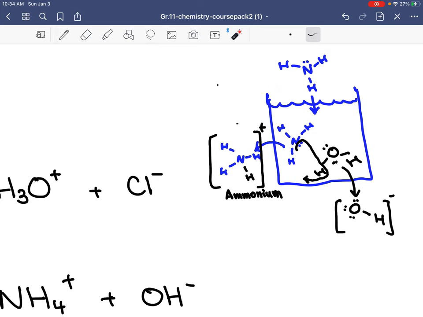Now, let's take a look at an example right here for monoprotic. So HCl is monoprotic. The reason is very simple: HCl in solution dissociates to give you H plus and Cl minus.